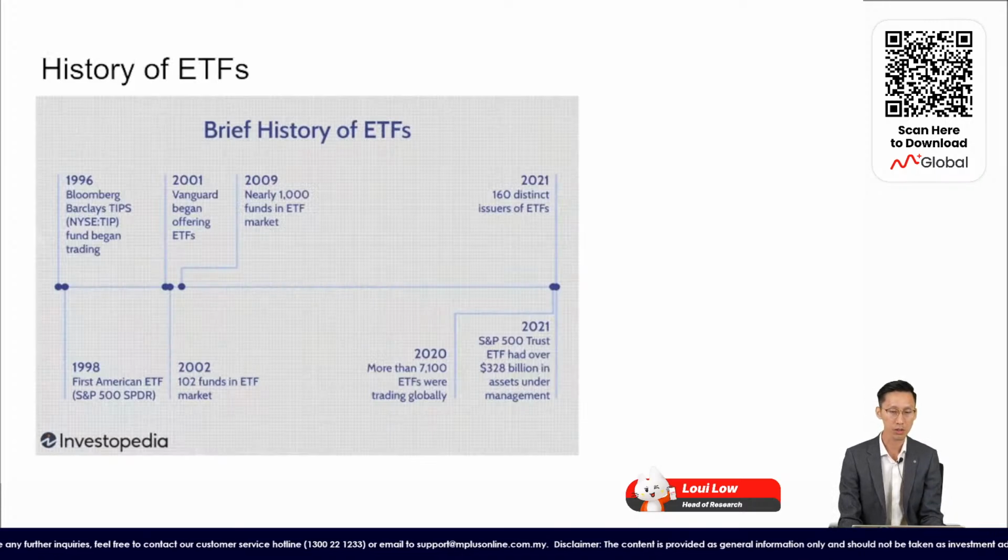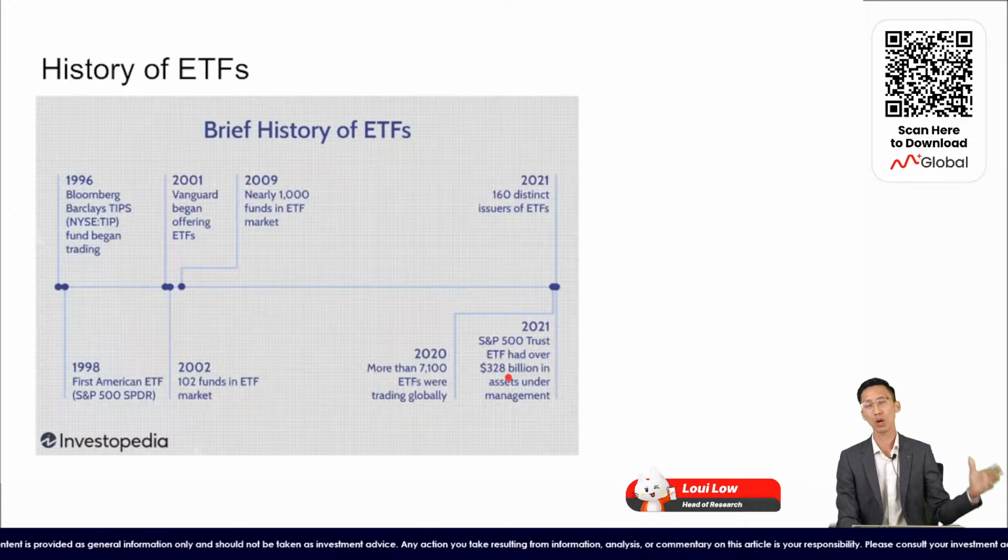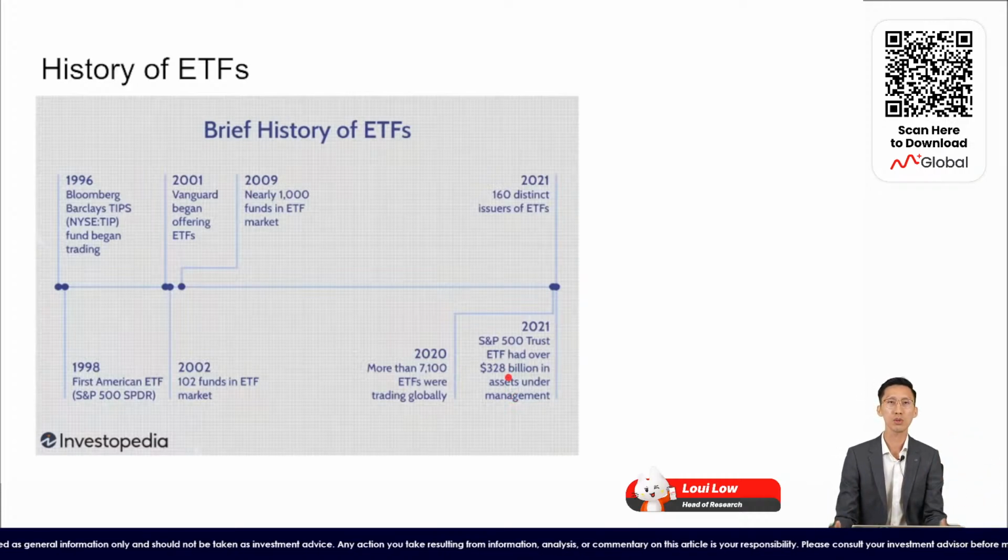Okay, so it started from 1993, 1996, where a lot of new funds have been trading. The first American ETF started in 1998, the S&P 500. Later on it went up to more than 7,000 ETFs trading globally. So basically what I'm saying here is that the history of ETFs started from 1993, 1996.